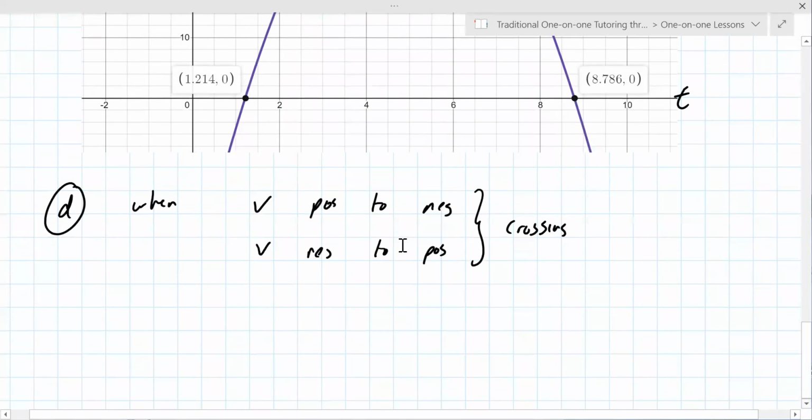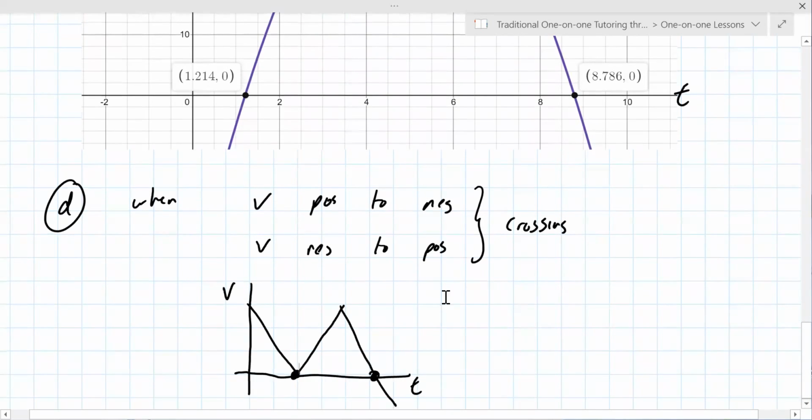Now, based on this, if I were to show you a graph like this, and this is V and this is T, at which points does it change directions?